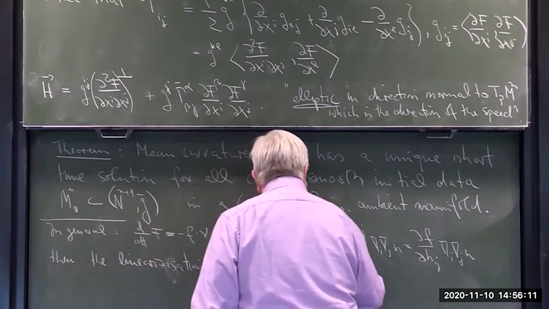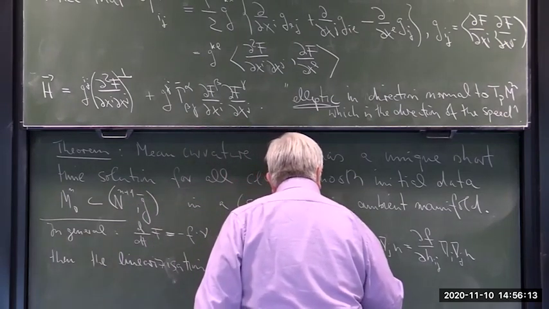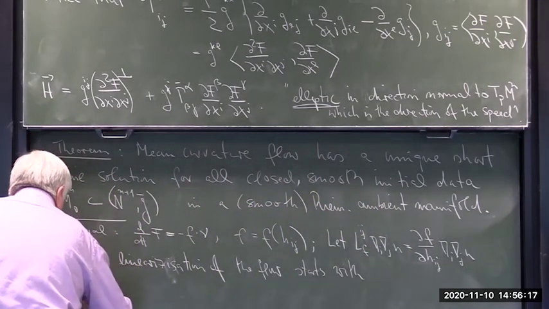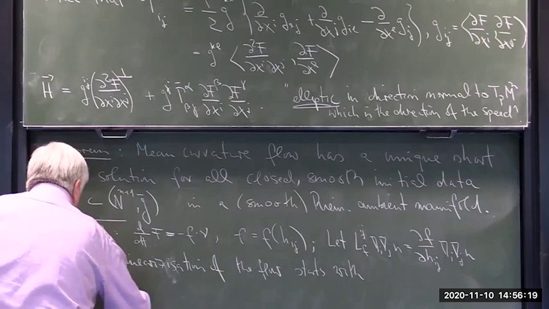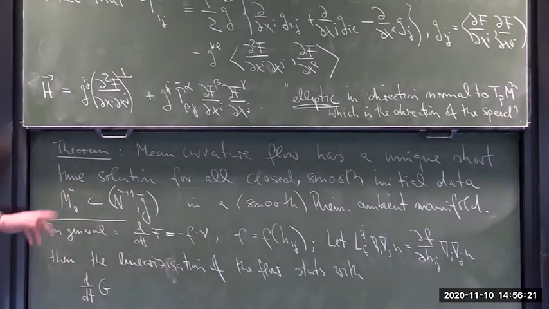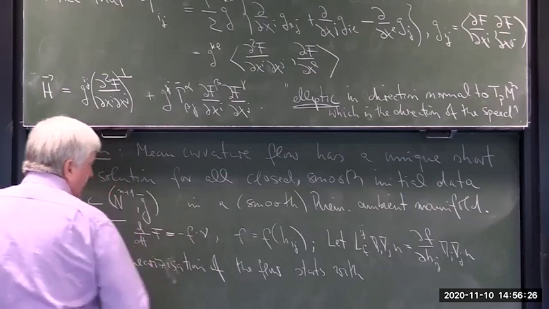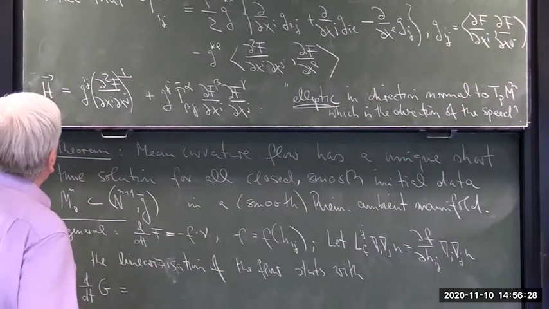It starts with d/dt g, let's take g to be the linearization of f, and then we would get here minus f times nu.